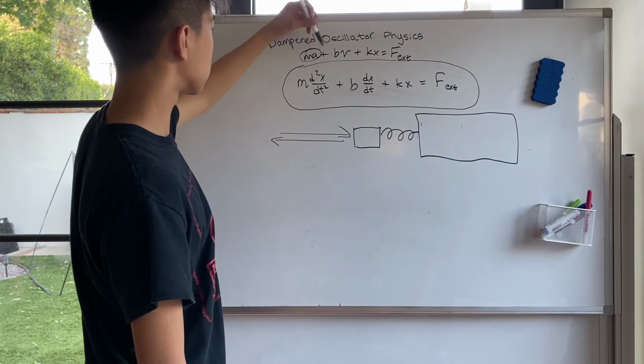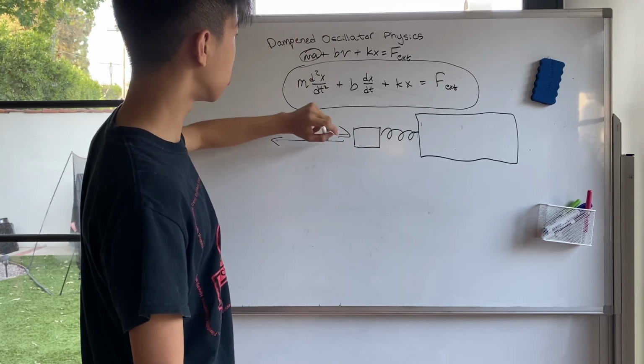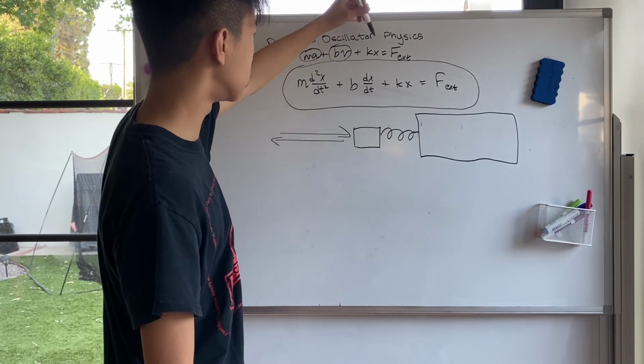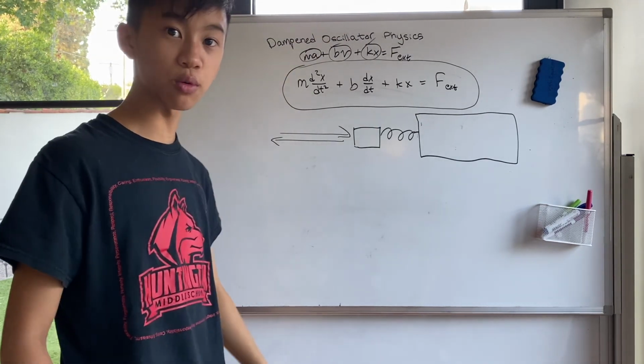So ma is just the force, or the mass times the acceleration of this block moving around. bv is friction, kx is spring force. Okay, now we're finished with the video.